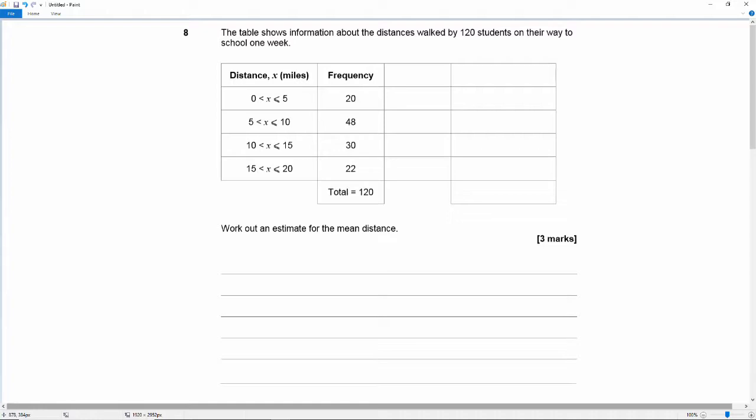They've got some good legs. Well done them. They must be well fit. Okay, so it says work out an estimate for the mean distance.